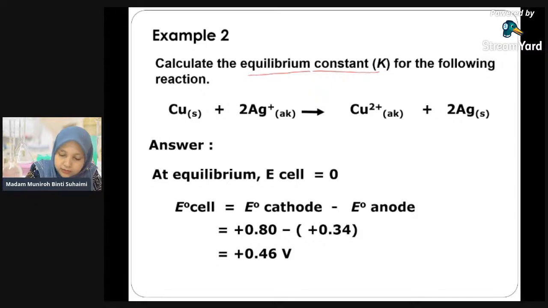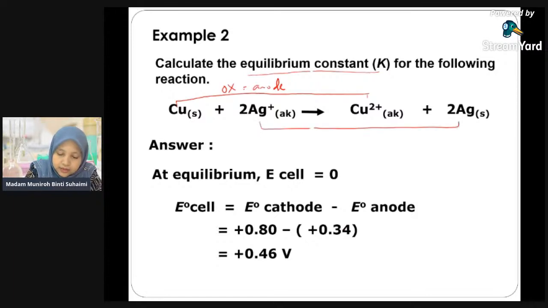From this equation, copper becomes copper 2 plus, so copper undergoes oxidation, and oxidation occurs at the anode. For silver, silver plus becomes silver, so silver is reduced because the oxidation number decreases, and reduction occurs at the cathode.